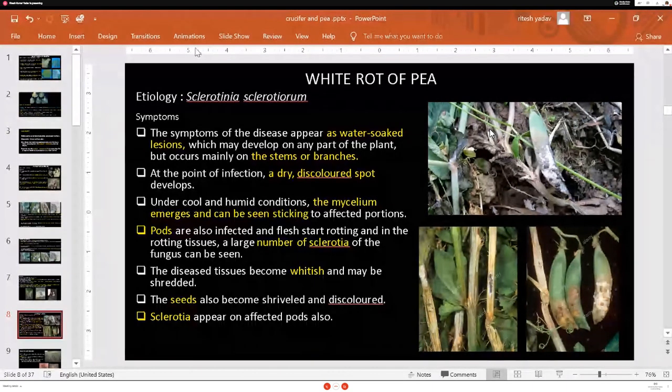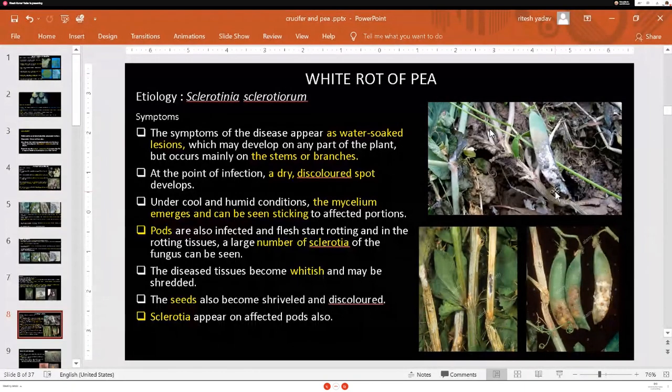development of fluffy mycelium. If conditions are very cool and humid, white fluffy mycelium can be easily seen. With advancement of disease, some sclerotia may be formed, and you might see some black colored sclerotia embedded in the fluffy mycelium.